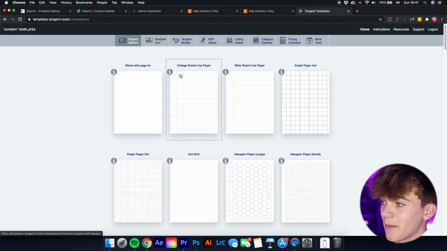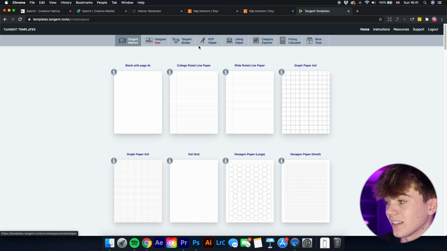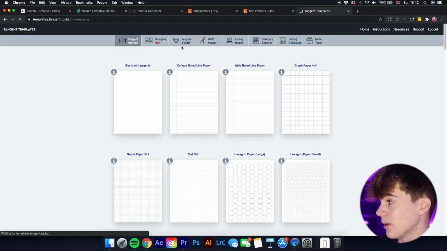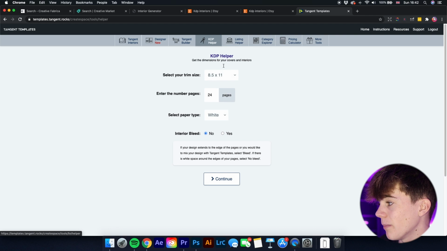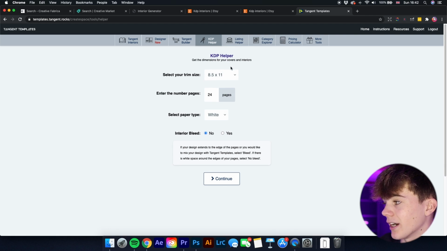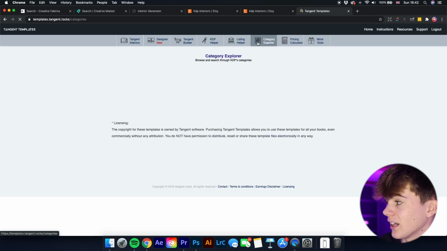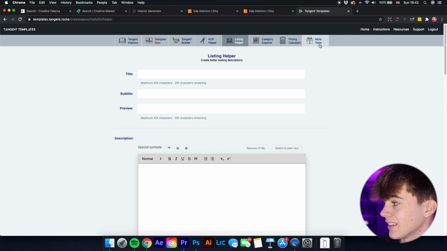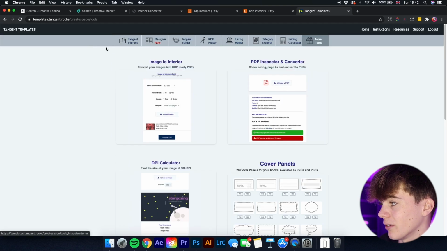Now, Tangent Templates isn't just for interiors. Tangent Templates has all different things. It has all different software within it to help you with your KDP business. Let's have a look at these. So it's got its own designer software, Tangent Builder, you can build your own interior, KDP Helper, it can help with getting the right trim sizes, that sort of thing, Category Explorer, Listing Helper, and it has multiple different tools.